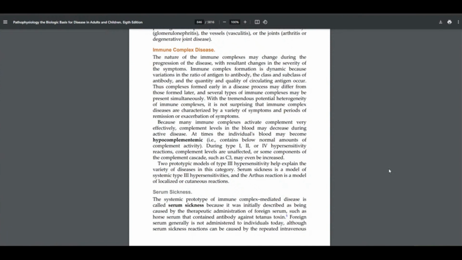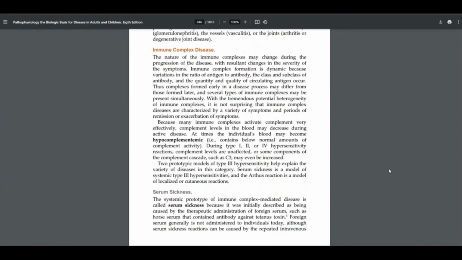And several types of immune complexes may be present simultaneously. With the tremendous potential heterogeneity of immune complexes, it is not surprising that immune complex diseases are characterized by a variety of symptoms and periods of remission and exacerbation of symptoms.